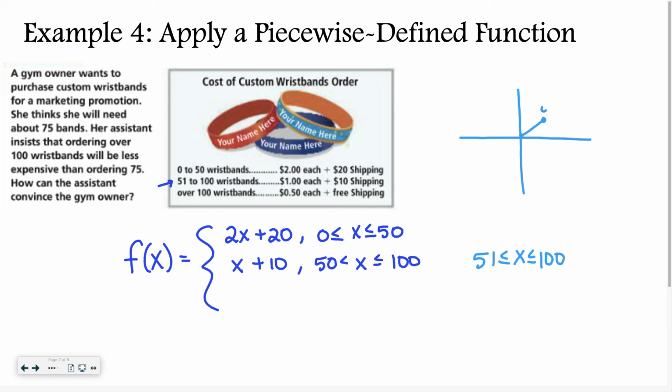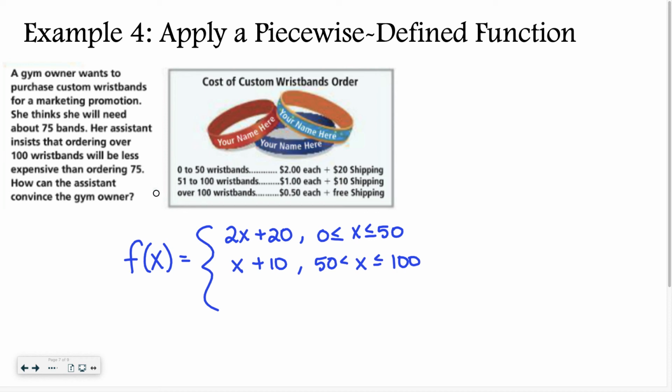Instead of having something directly above it, it would be off to the side, and that's not what we like for piecewise functions. We like for them to be stacked like that, okay? So that's why instead of writing 51 and including it, you write it as 50 and you do not put the or equal to. Even though you can't buy 50 and a half wristbands, you're still going to do that.